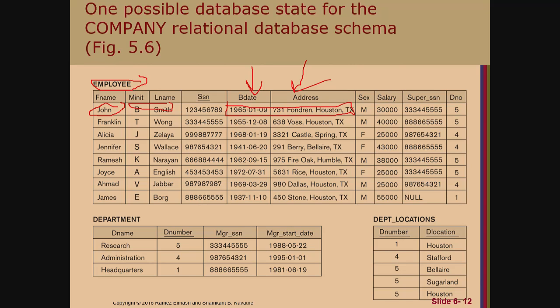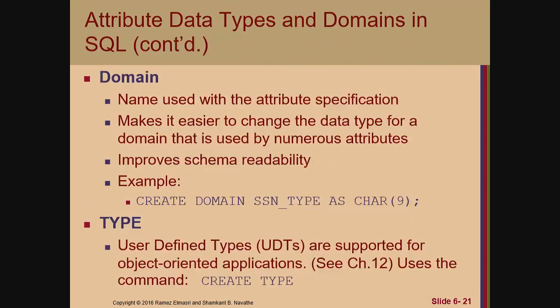You just select only 2 columns, right? Birth date and address. So in your command, you have to project just 2 columns with 2 conditions: first name equal John and last name equal Smith. Let's see the command. Correct or not?